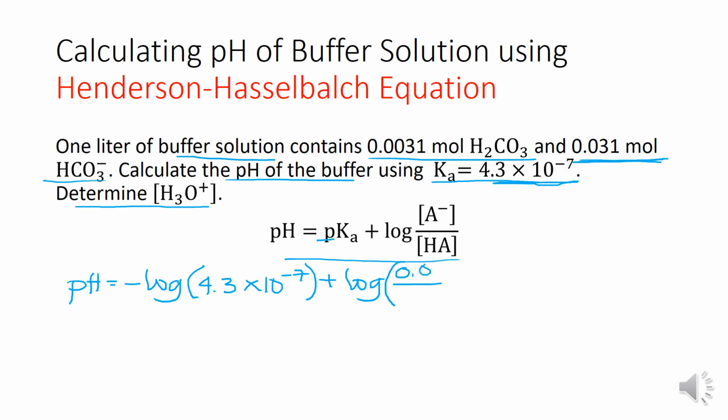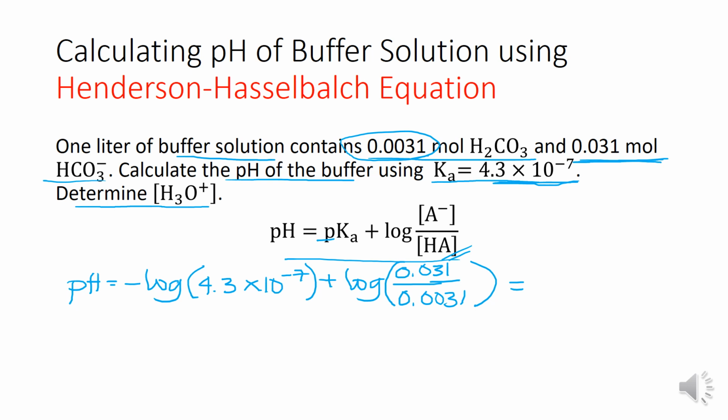Therefore, we have here 0.031 molarity over the concentration of the conjugate acid, 0.0031 mole per 1 liter. Again, we can ignore x, so 0.0031.